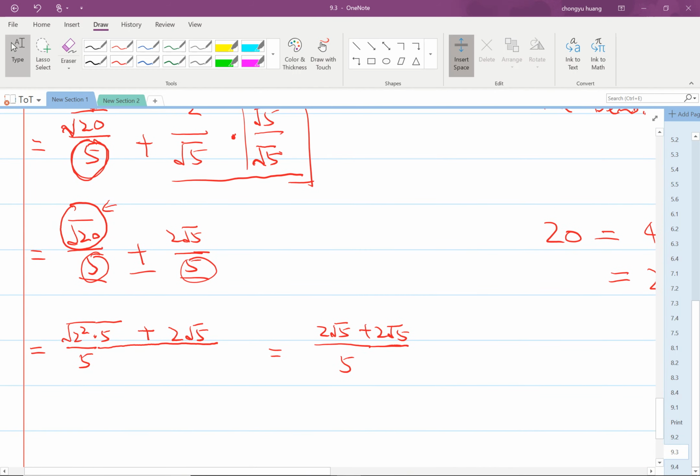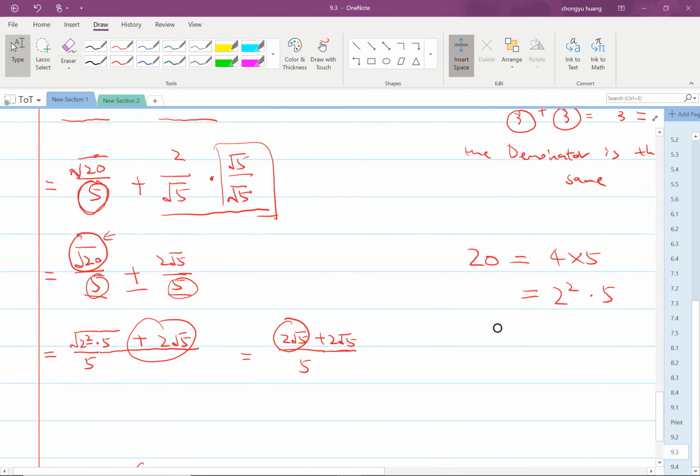Basically, you can see we have a square root of 2 squared here, so you are able to simplify this into 2 square root of 5, and then you add the other side, plus 2 square root of 5.